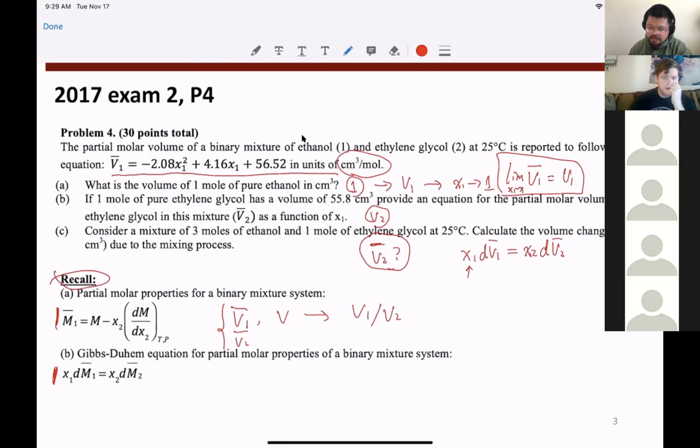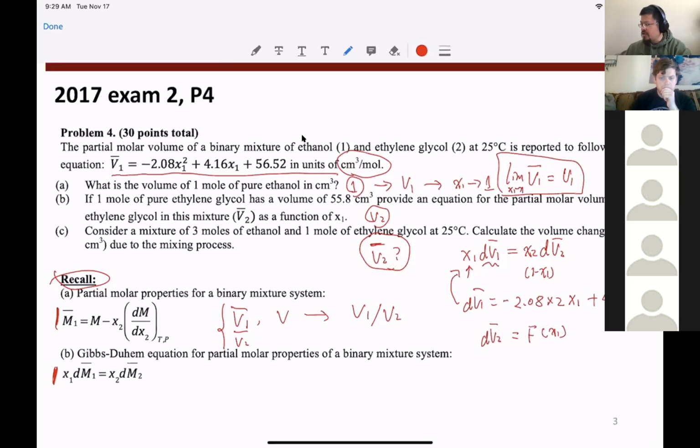So we can simply write this as 1 minus x1. And we know dV1 partial. We have the expression for V1 partial. So take the full derivative, then dV1 partial would be simply negative 2.08 multiplied by 2 x1 plus 4.16, right? So then you plug in, then you try to solve this dV2 partial as a function of x1, all right?